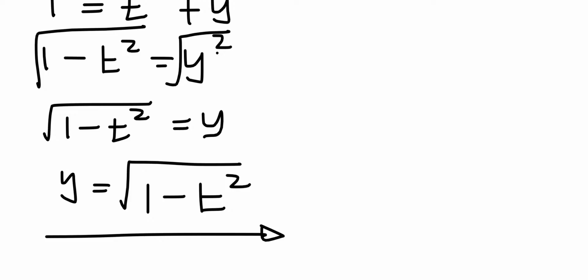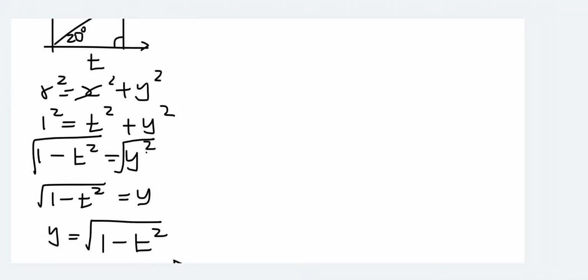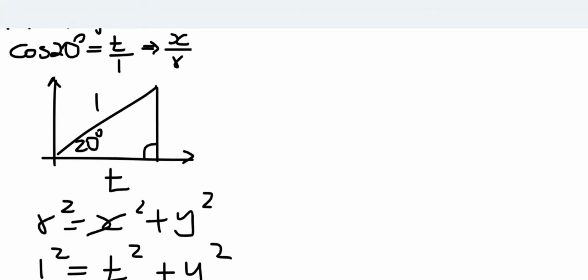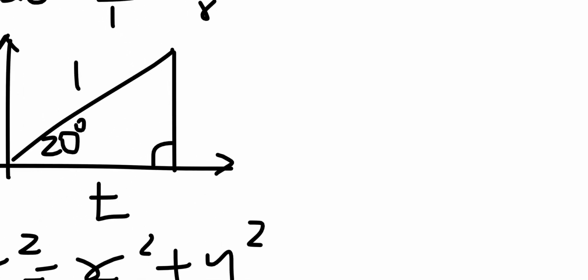You can see inside the brackets there are two terms. That's why you can't say this is the same as the square root of 1 minus the square root of t squared. It would be a completely different thing. So now we know all the sides, and here we have the square root of 1 minus t squared.